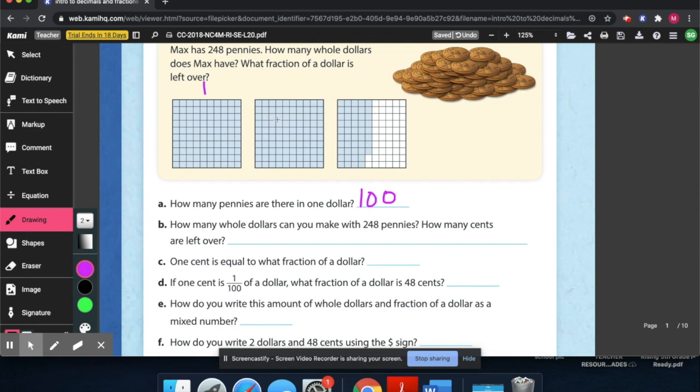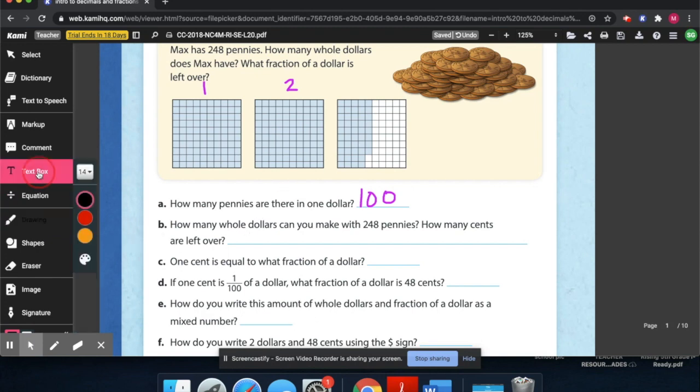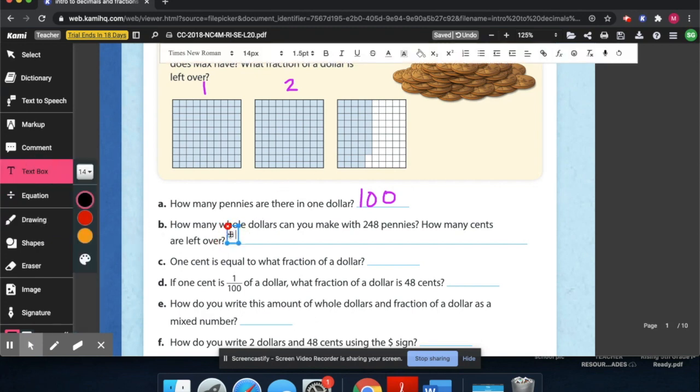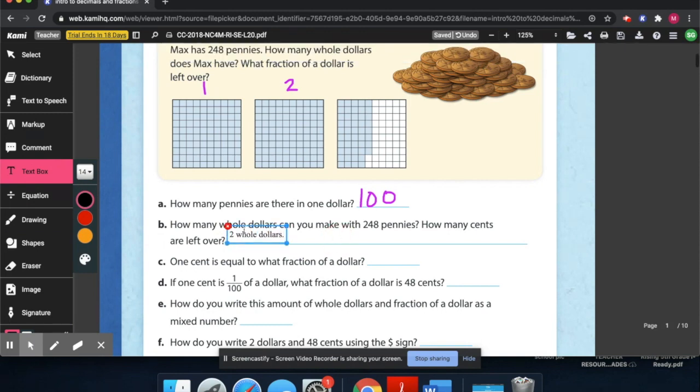So I look at my next model. That one's shaded as well, so I'm going to put a number 2. So that means I have 2 whole dollars so far. And then I look at the third one, and it's not completely shaded in because it is not a whole dollar. So I'm going to put 2 whole dollars. But I'm not done because I have another question.